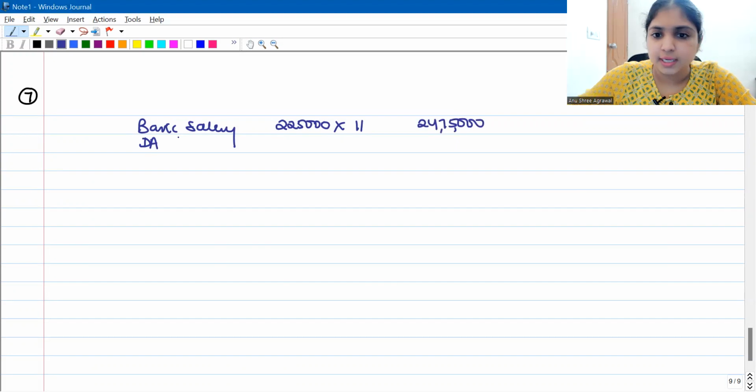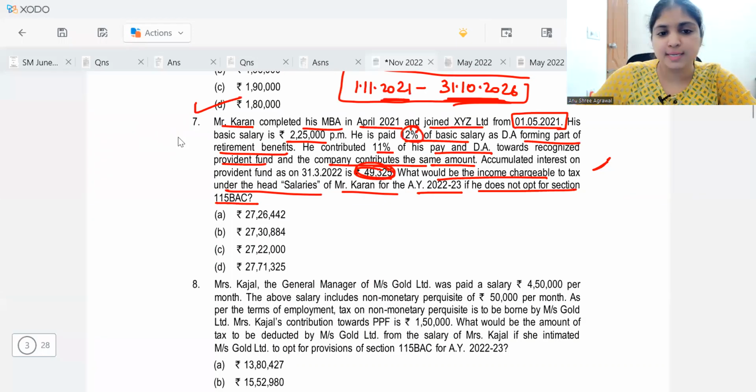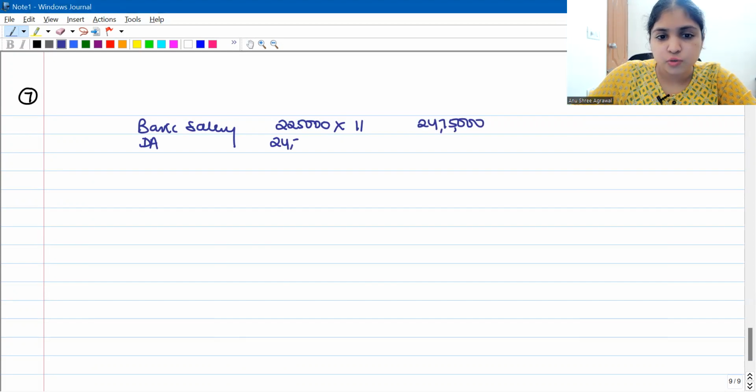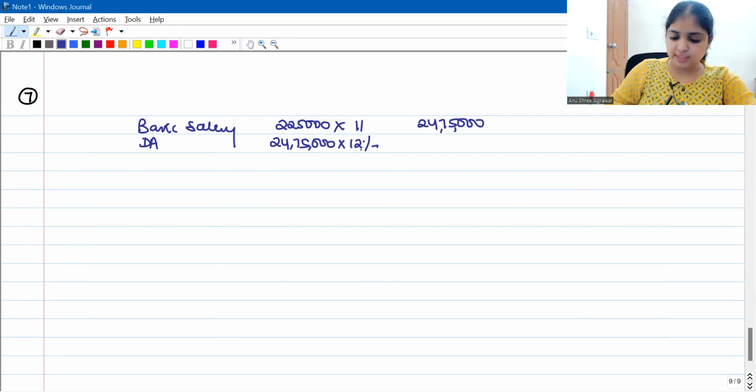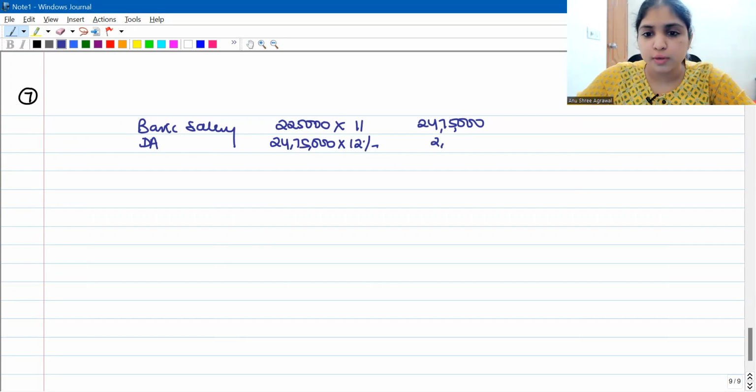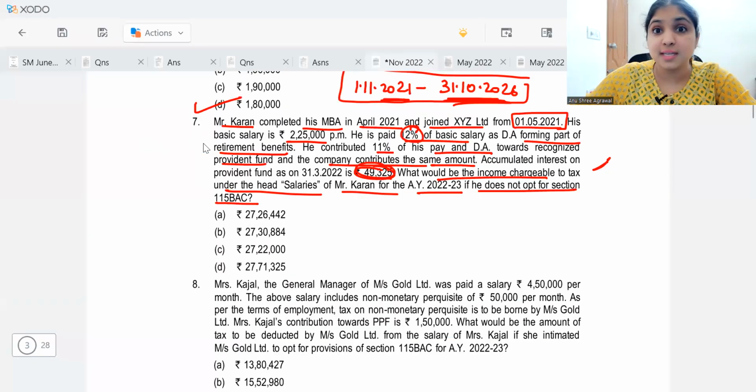Then we have DA. The question says dearness allowance 12%. 12% of basic salary he got as DA. So 24,75,000 is his basic salary. 12% of this works out to 2,97,000. This is his DA. And they are saying the DA is fully forming part. Keep that in mind.